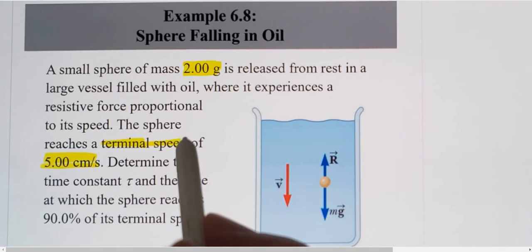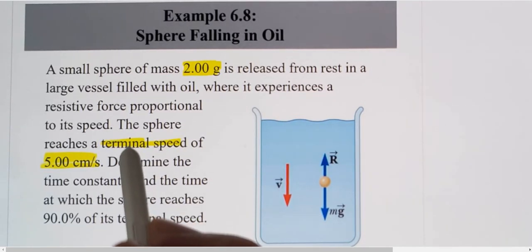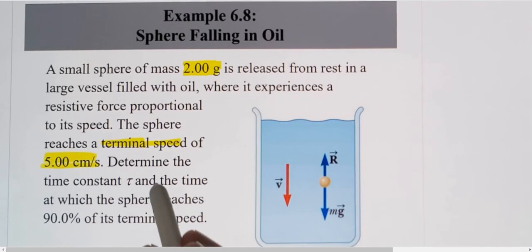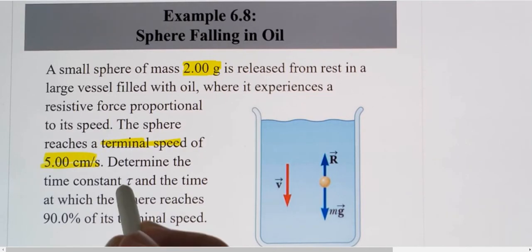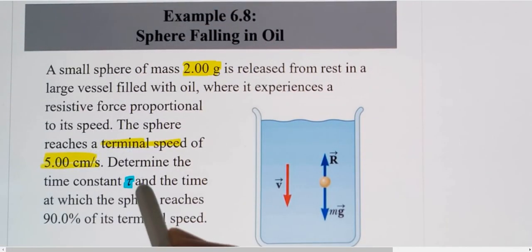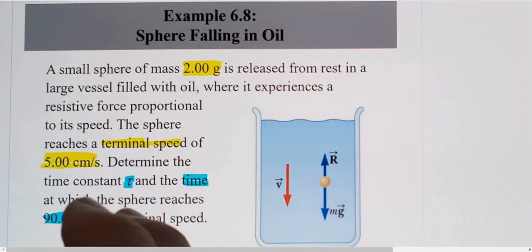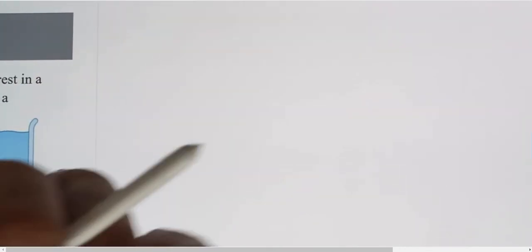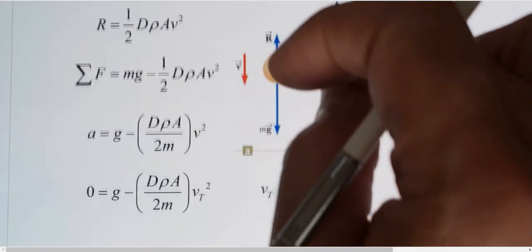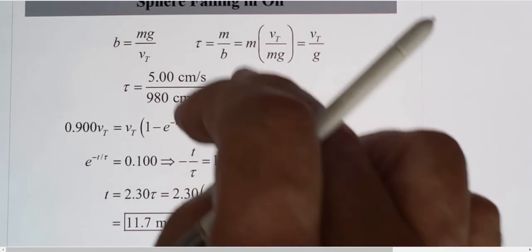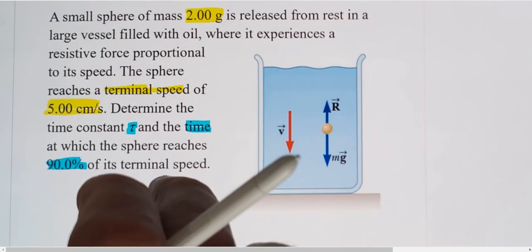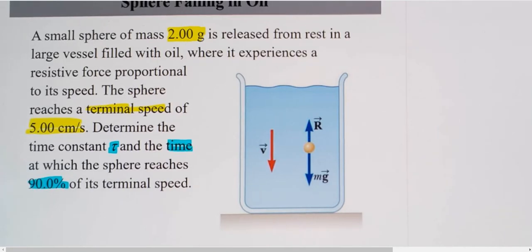And finally, he wants the time, determine the time constant tau, and he wants the time when the sphere reaches 90% of the terminal speed. So we'll solve it together. Of course, it's solved here in detail, but I will go with you step by step, since it's new for you.